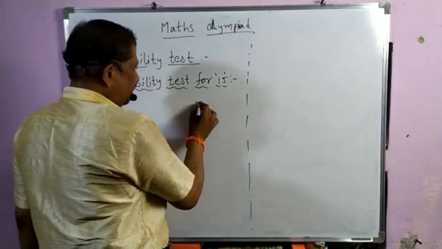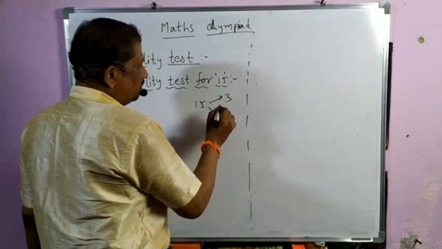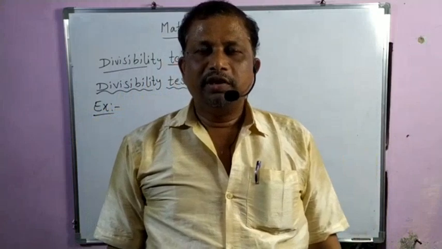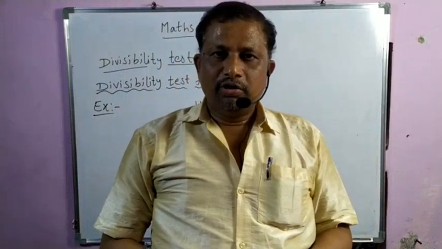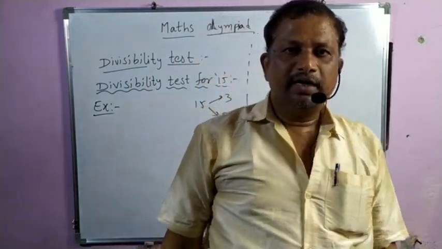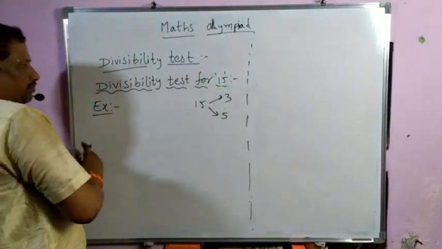The factors of 15 are 3 and 5, since 3 5s are 15. So if the given number is divisible by 3 as well as 5, then the given number is divisible by 15. Let us see by taking one example for this one.